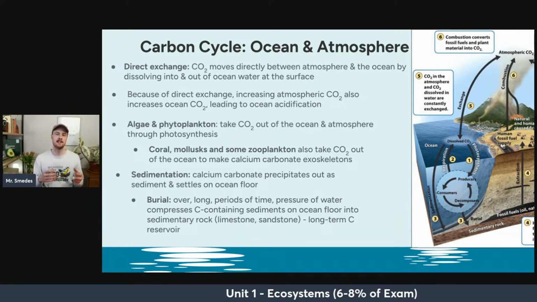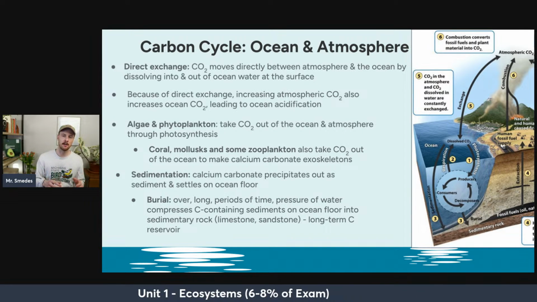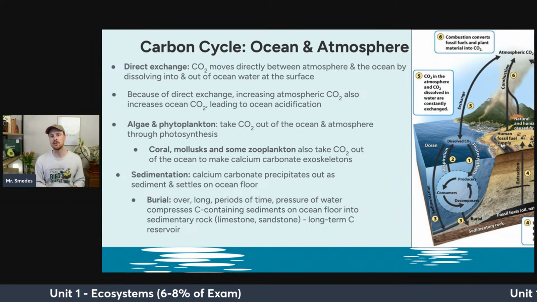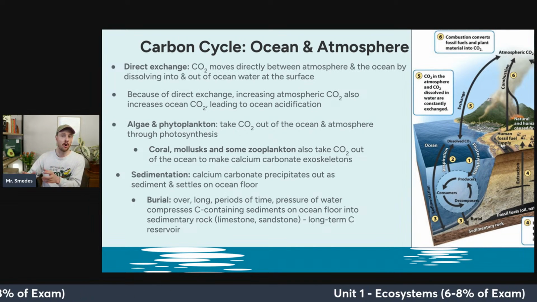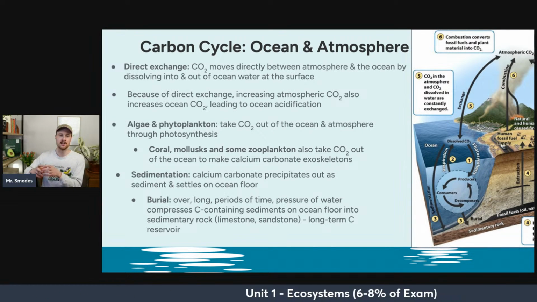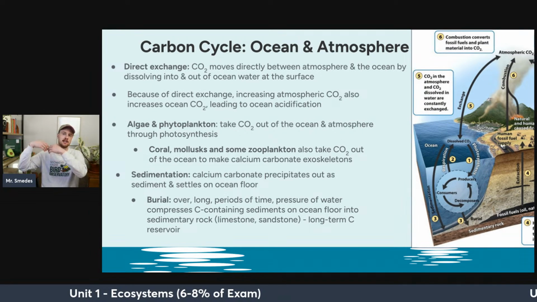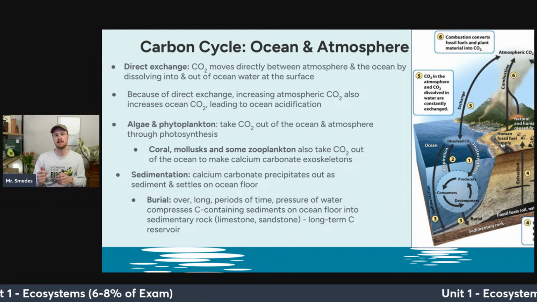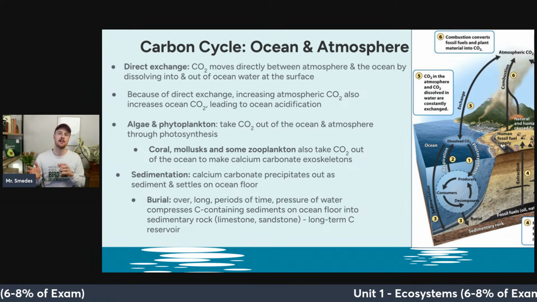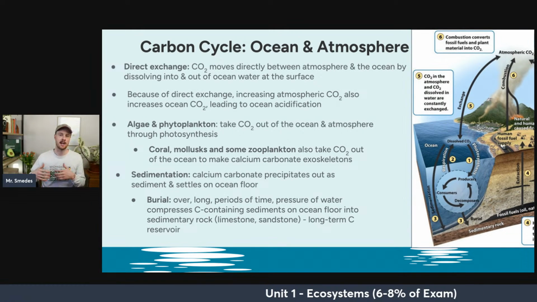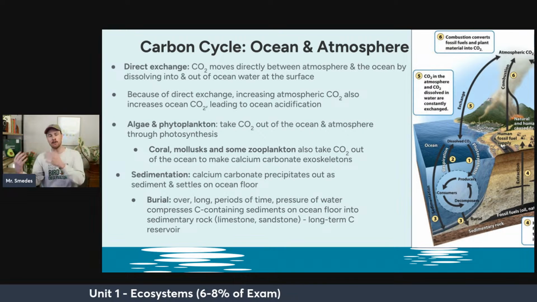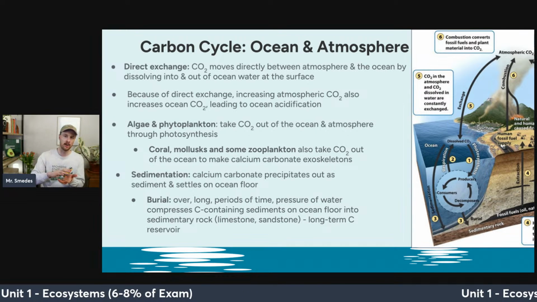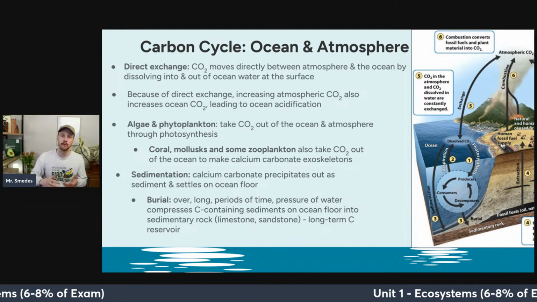The reason that digging up fossil fuels and burning them changes atmospheric carbon levels so much is that carbon was sequestered or stored for a long period of time, what we would sometimes say a geologic period of time. Then we burn the carbon, and the carbon dioxide goes in the atmosphere very fast. And so that's going to shift global temperature because that carbon is being added to the atmosphere way faster than it comes out of the atmosphere via that whole burial process and then the compression into forming fossil fuels.